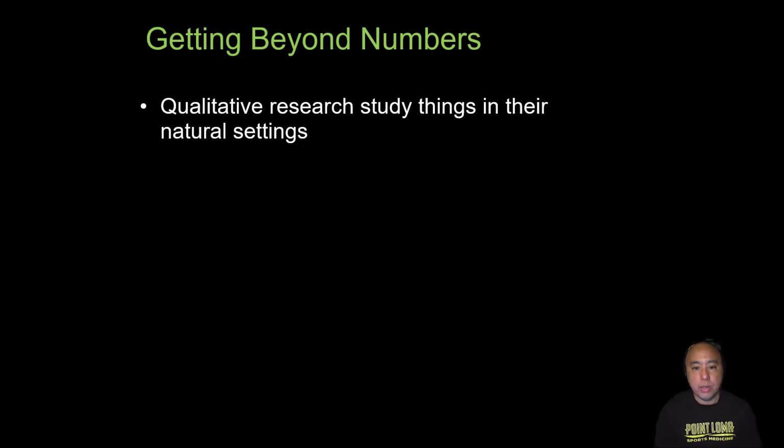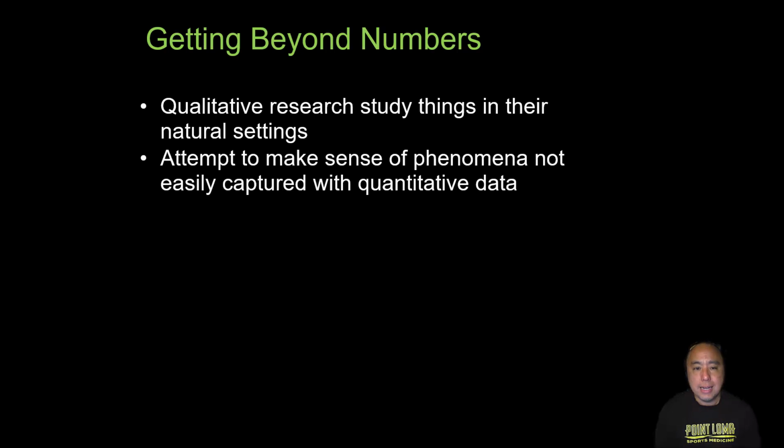So qualitative research is based on the belief that knowledge is constructed from the ongoing interaction between the researcher, the research participants, and the environment in which a phenomenon or event is occurring. It's an attempt by the researchers to make sense of these events, of the phenomena that, like I mentioned earlier, cannot be easily captured using quantitative data.